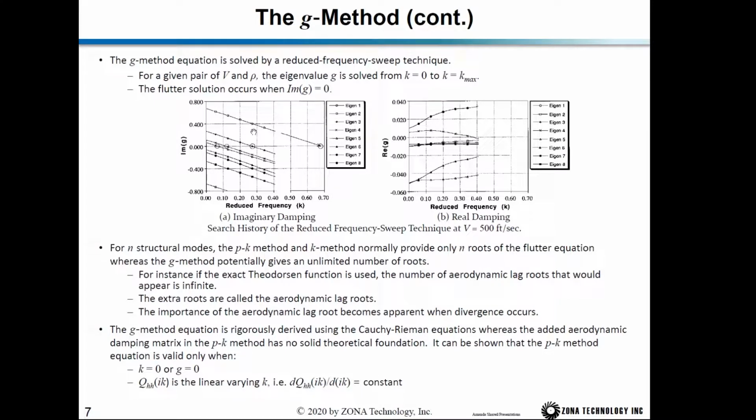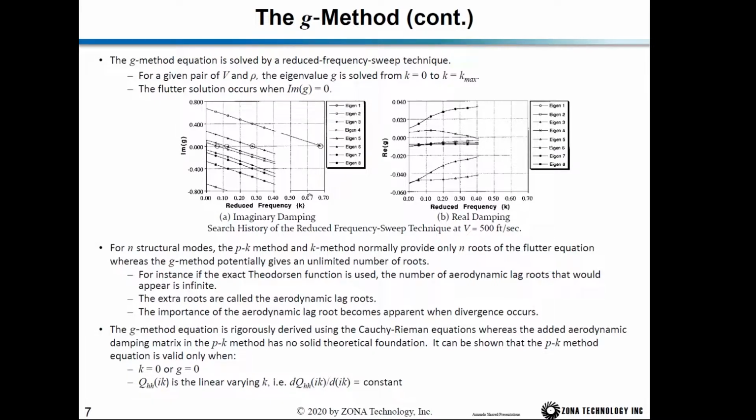So it will perform extrapolation: it extrapolates the damping line to find the zero imaginary part of damping condition, and therefore finds the real part of damping and also the corresponding reduced frequency. And somehow the imaginary part of the damping line versus frequency is always a straight line, so this extrapolation is very accurate.